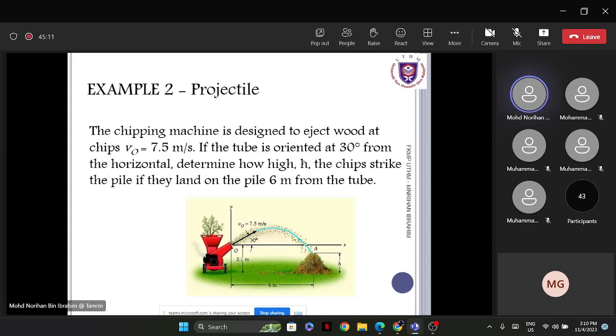If the tube is oriented at 30 degrees at this instant, shown as the angular position theta equal to 30 degrees, determine how high h. Dia nak tahu apa itu ketinggian h. The pile, timbunan rumput ni. How high h the chips strike the pile, if they land on the pile 6 meters from the tube.